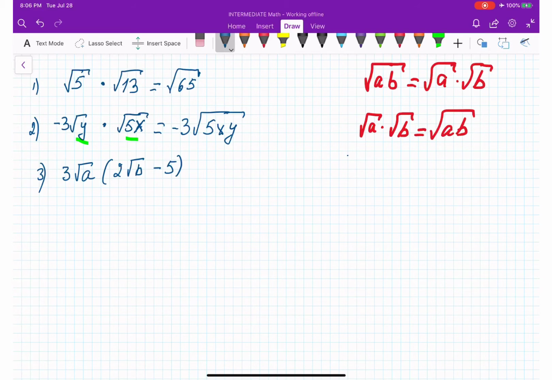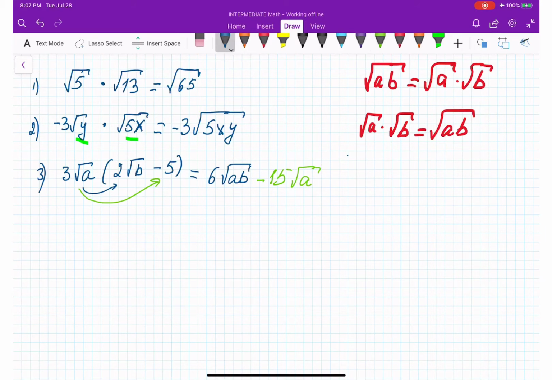So we have to distribute: 3 square root a times 2 square root b. That will be 3 times 2 is 6, and square root of a by square root of b will be square root of ab. Next, 3 square root of a times negative 5. It's going to be minus 3 times 5 is 15, square root of a.